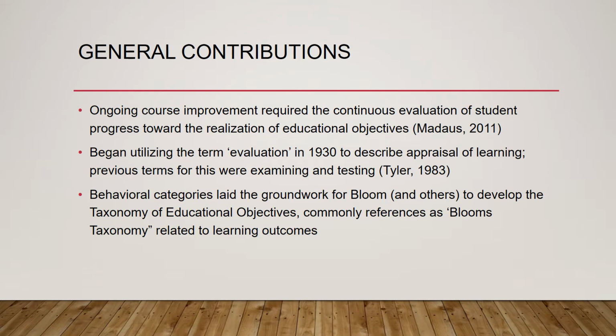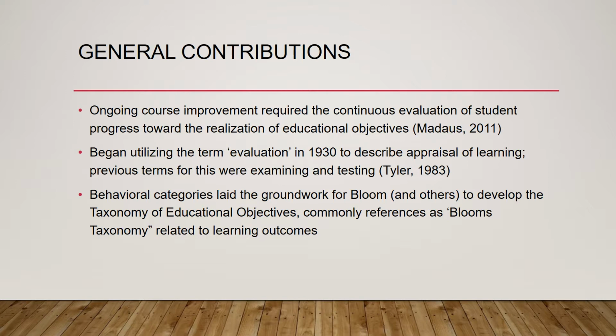And then his general contributions, and this is just some summative information. The ongoing course improvement requires the continuous evaluation of student progress toward the realization of educational objectives. So, again, he was very big on educational objectives and the use of that, and toward the continuous evaluation.